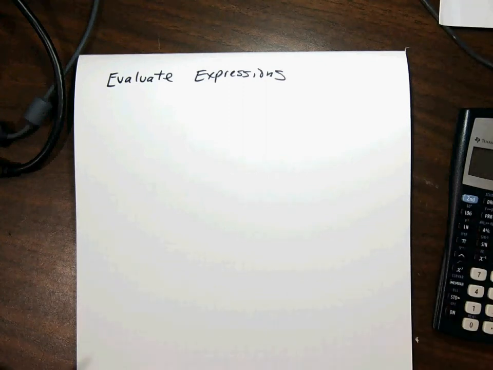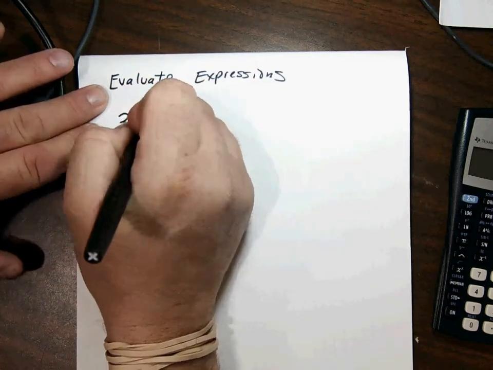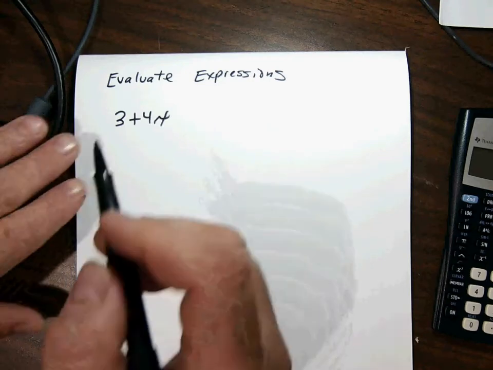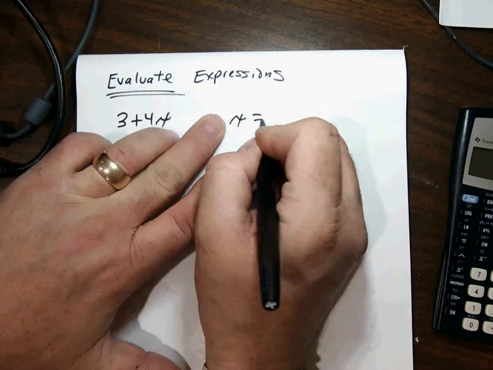That's nice. Expressions: terms added together. We talked about the anatomy of the expression with the coefficient and all that. 3 plus 4x is a simple expression, and there's really nothing we can do with it. We can't combine those terms because they're not like terms. However, we can evaluate it if somebody tells us what x is.